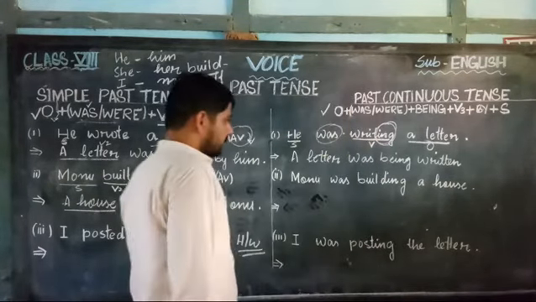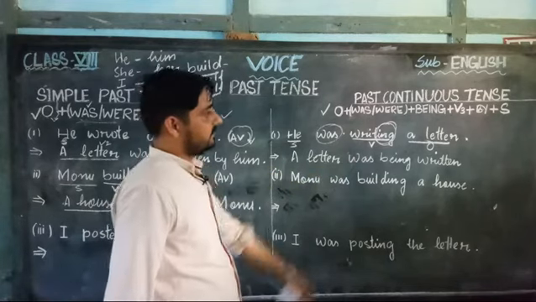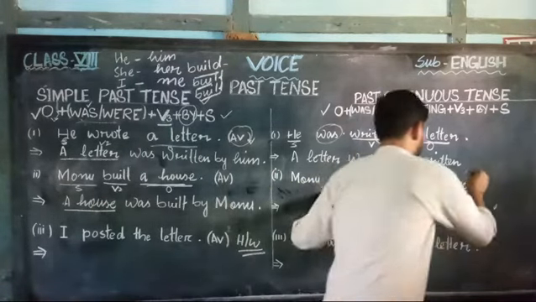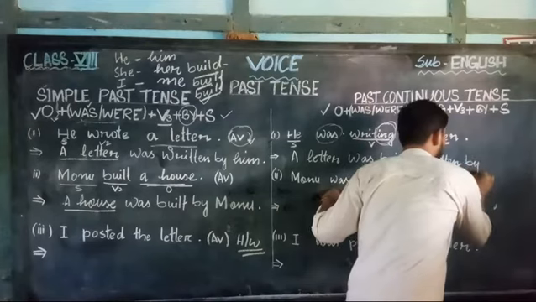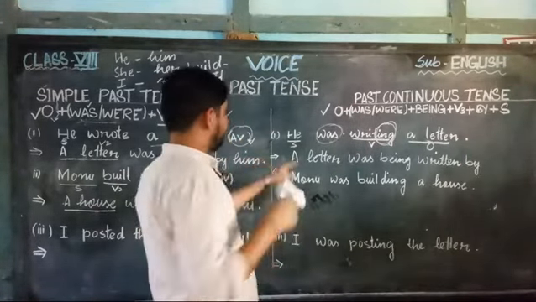Then what is there? By. So write by here again. After by, the subject. The subject is he.